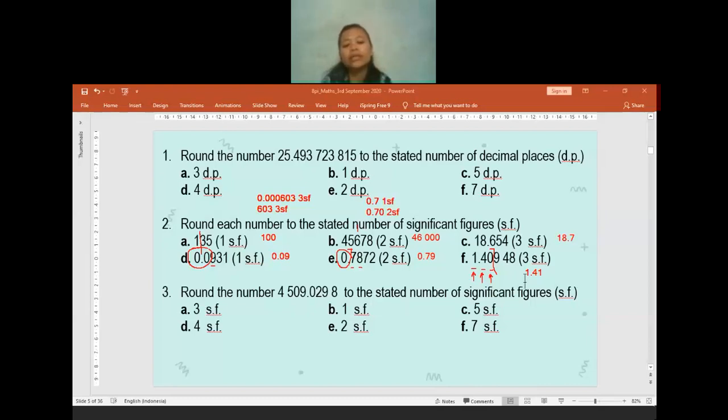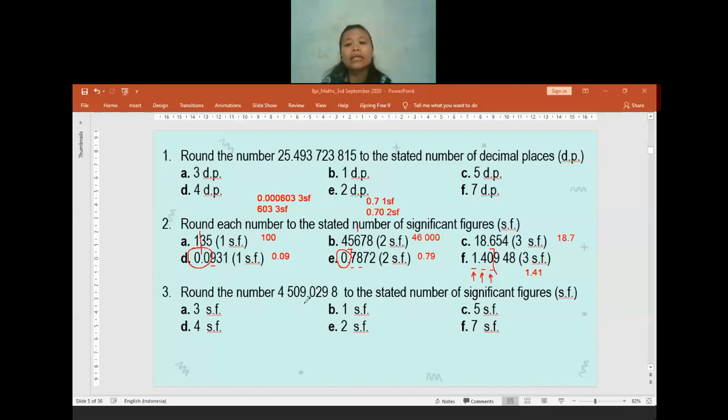For question 3, we have the number. We have to round off the number to the given significant figures. Here, we have 4,509.0298. We have to round off to 3 significant figures. So the clue is, we have to find the third significant digit. Before we find the third significant digit, we have to find the first significant digit first.